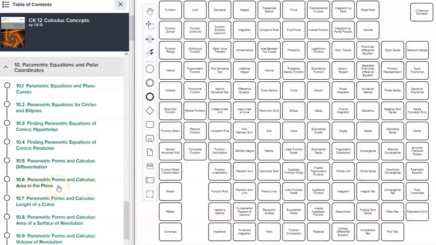Area in the plane. Area between two curves. We had area under, I believe it was area under a curve.